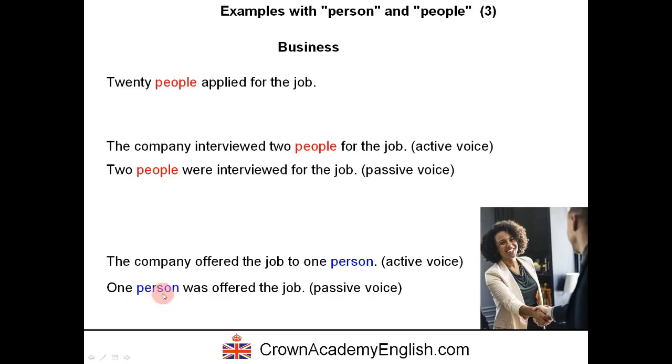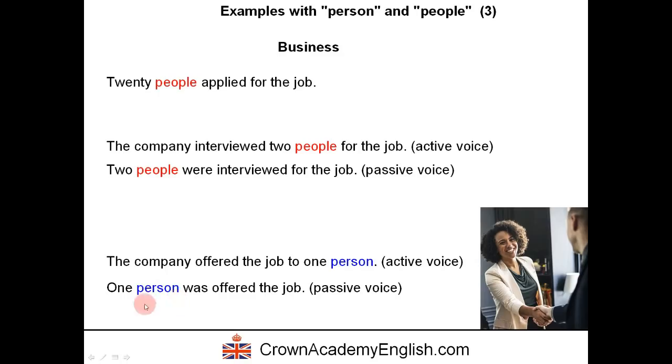So again, we have person, the verb be, followed by the past participle, offered. And this time, the verb be is in the past tense, but it is the singular past tense, third person singular, past.